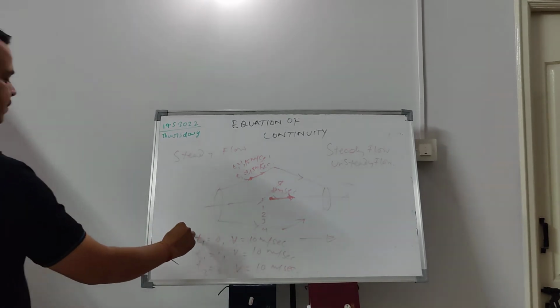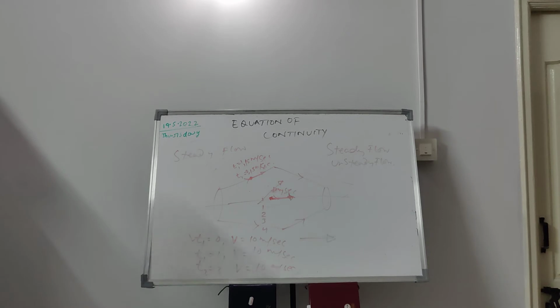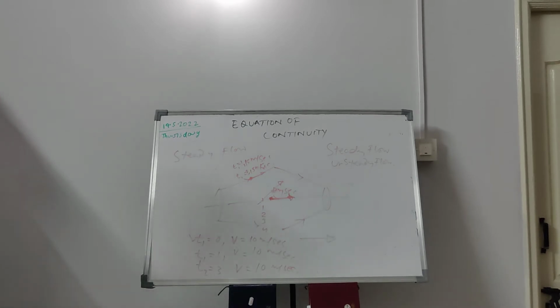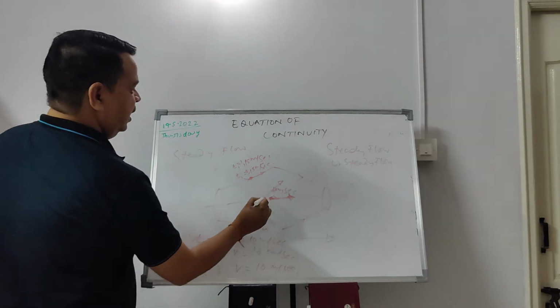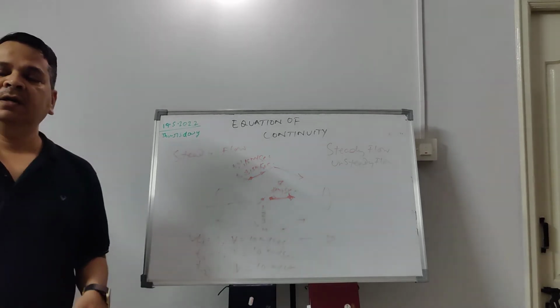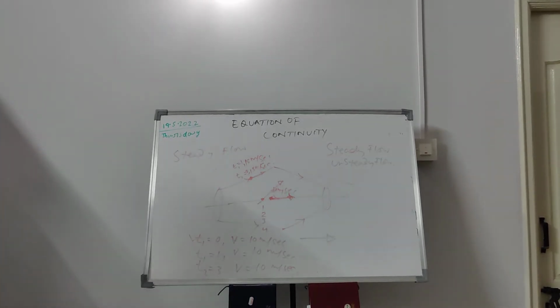So at the beginning it is 10 meter per second horizontal, but at time t equal to 3 second it is 10 meter per second with a changed direction. That means with respect to time the velocity has not remained constant at the same location. So at any location, if the velocity remains constant with respect to time, it is called a steady flow, and the reverse of it is unsteady flow.